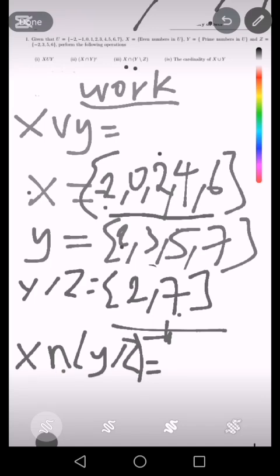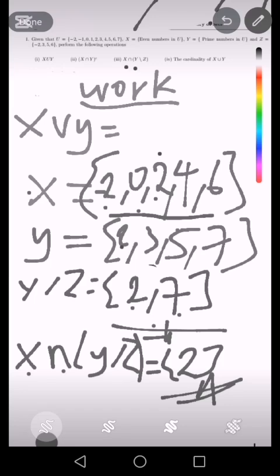So we find the common elements between x and y over z. The common element is only 2. So the intersection is only 2. That is the final answer.